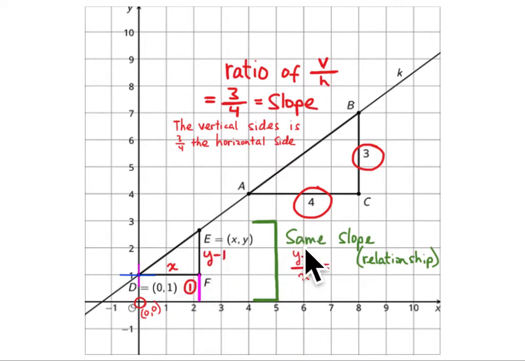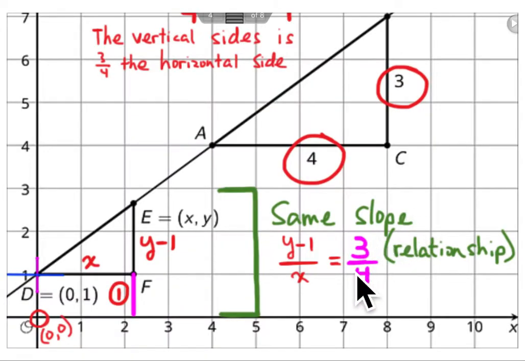That ratio, what does that have to equal? It's the same as this similar triangle. It has to equal 3/4. So the ratio of y minus 1 to x, where y minus 1 comes from subtracting that 1 unit right there, equals 3/4.